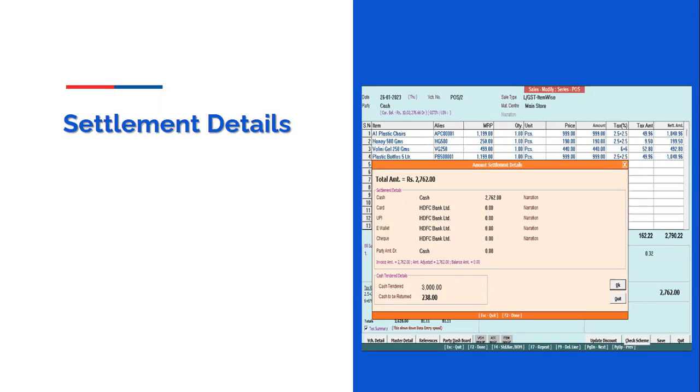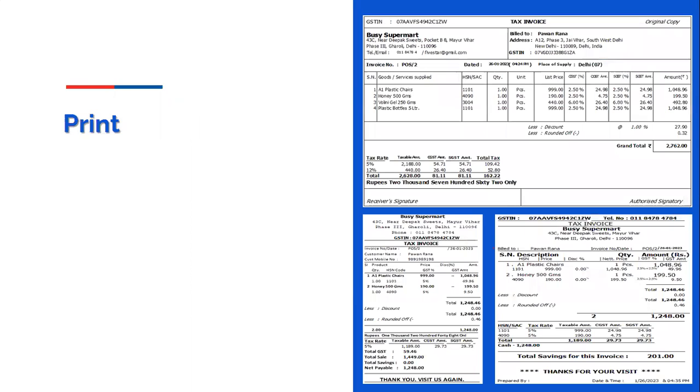Okay. Next is the print, which will be like this. Here you can see the first page will be A5 size. In that, customer name, item information, tax summary information, everything will be printed. Also below you can see the 3-inch paper. So we have the billing design for dot matrix as well as laser printer.